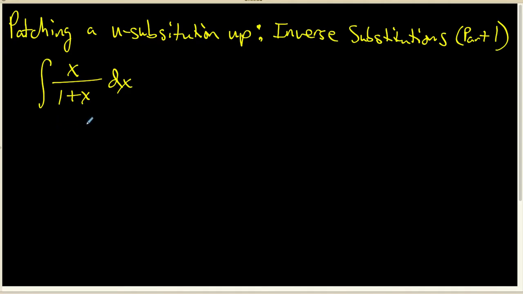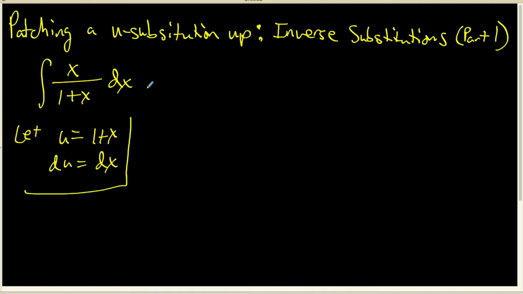Now, it's tempting to say, why don't we try something like u is equal to 1 plus x, and du, of course, would simply be dx. And if I use this to rewrite the integral, I will get this.